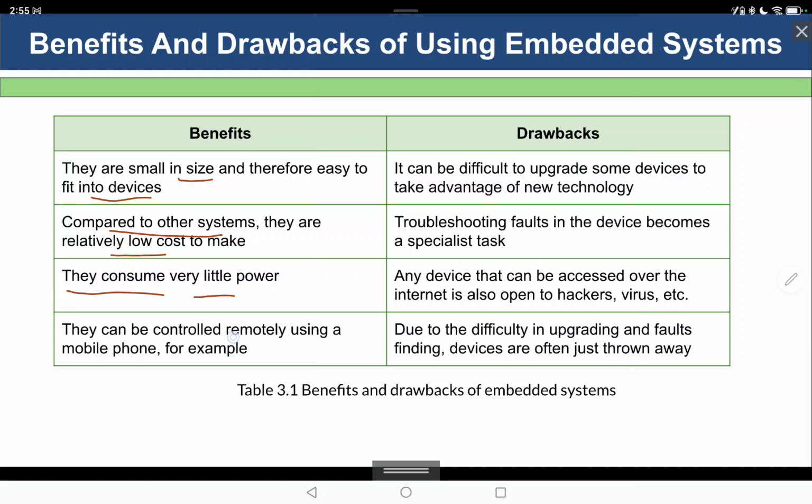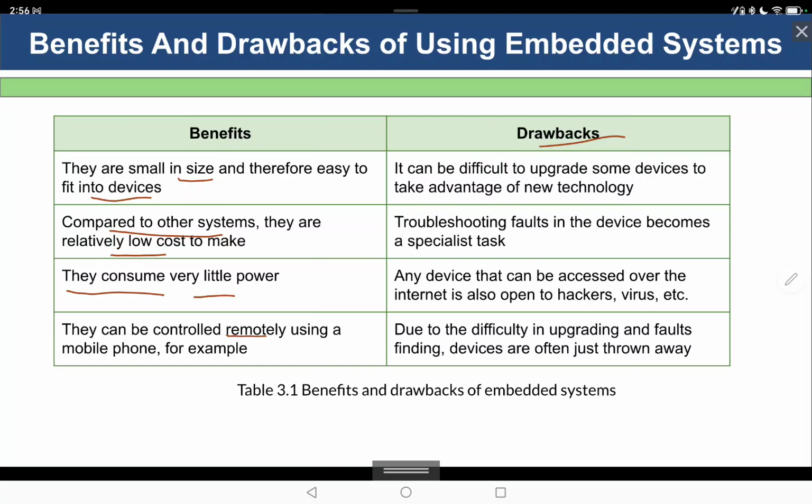Also, they can be controlled remotely using a mobile phone, meaning that from outside your home, you can control all these embedded systems in your home.